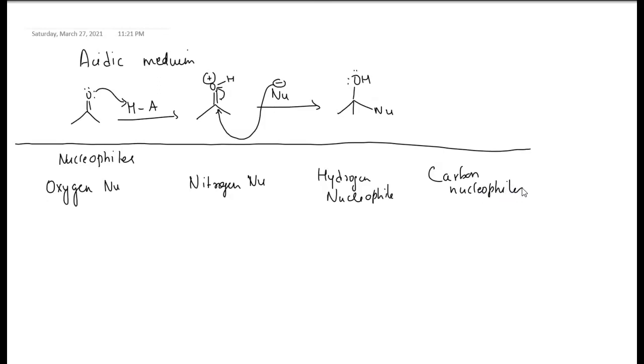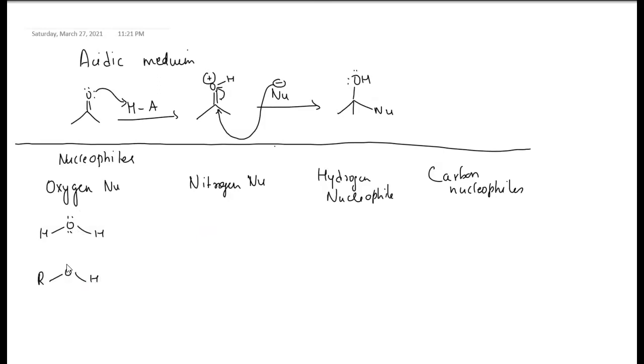In this first video, let's talk about two of these nucleophiles, the oxygen and the nitrogen. Under oxygen, we will see attack by water, where the water molecule is your nucleophile, and here again oxygen is the atom that is going to do the attack. Another example is alcohol.